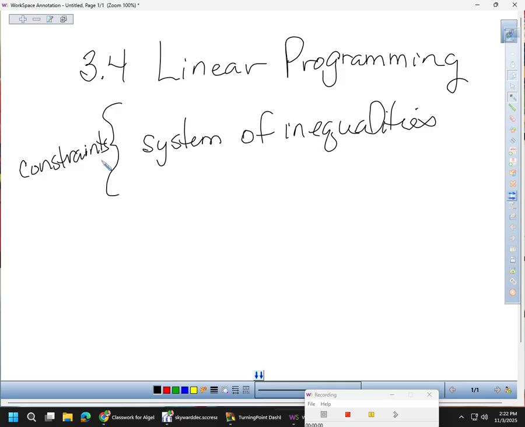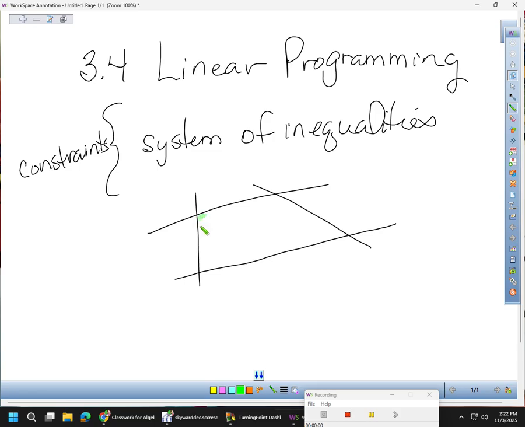So when I say graph the constraints, I'm just saying graph the inequalities. Same deal. After you graph them, however they fall together, the shaded area inside, right here, this area is called the feasible region.